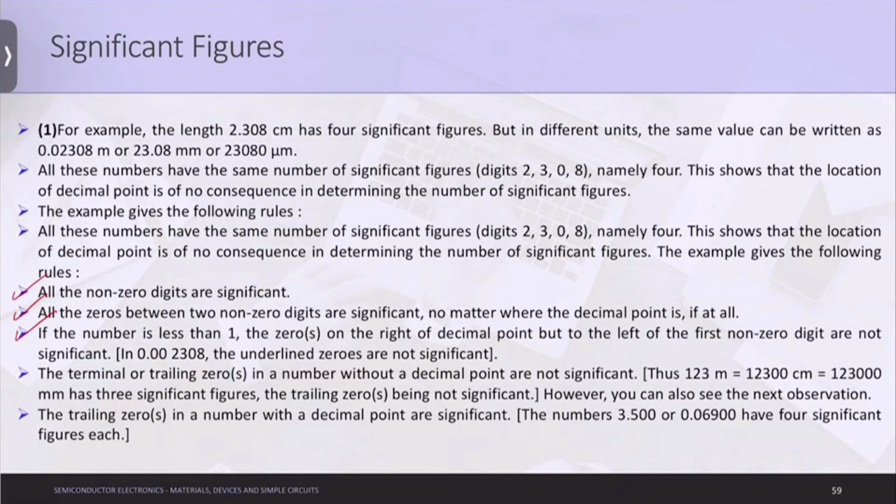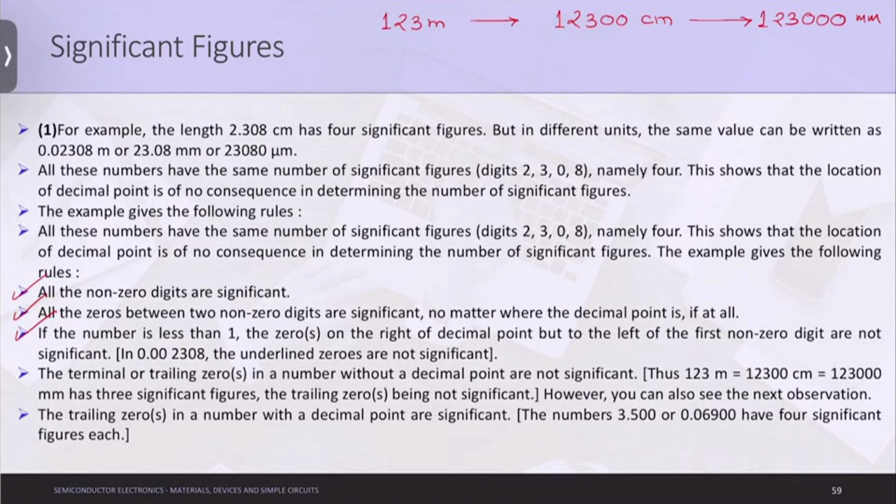The terminal or trailing zeros in a number without a decimal point are not significant. What do they try to say? The example is written here only. What are trailing zeros, basically? Let us say here 123 meters. 123 meters can also be written as 123.00 centimeters, which can also be written as 123 ml.